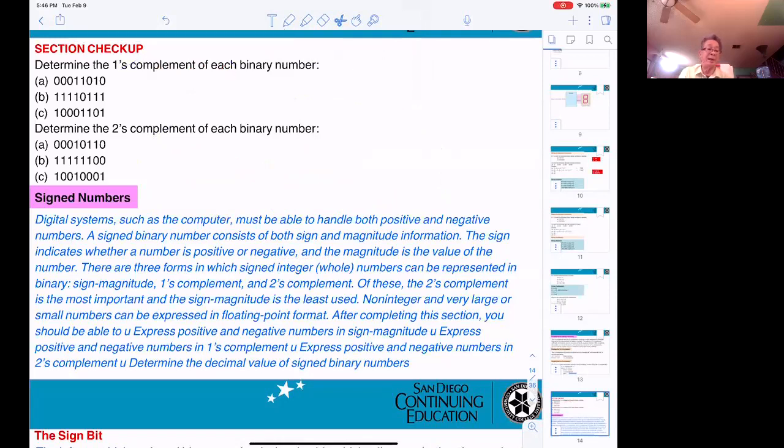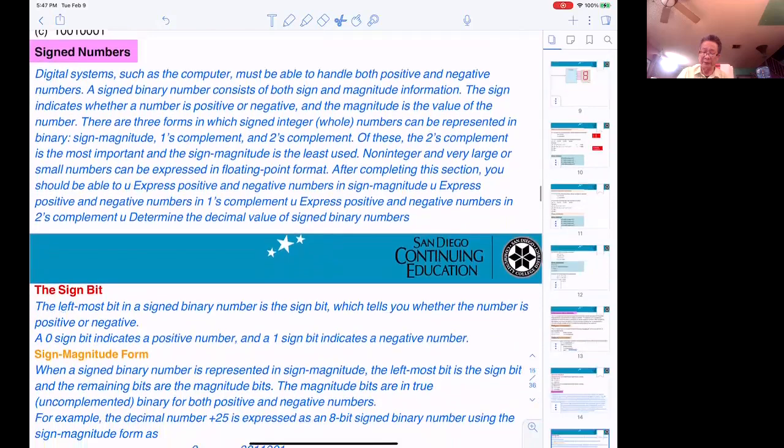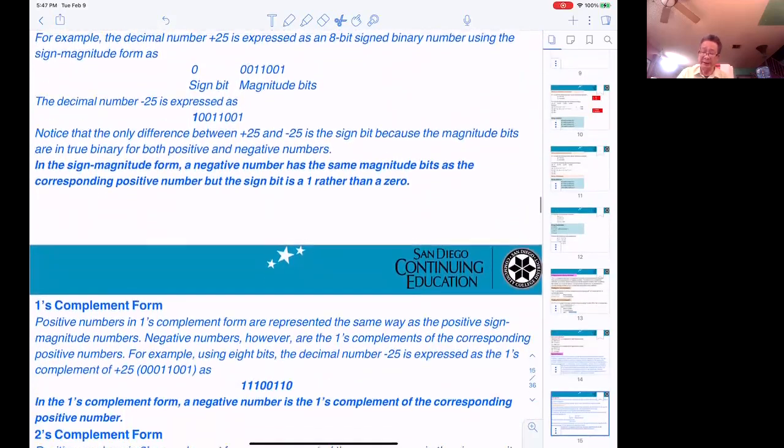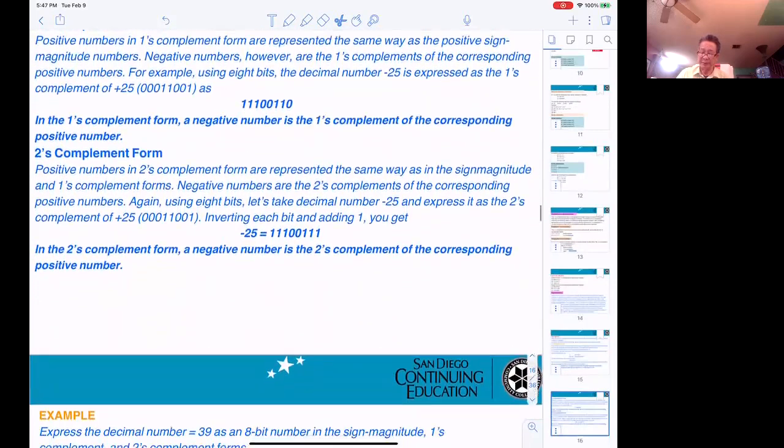Okay, sign number, I skip that for now. The thing is, you really don't need to apply that for this technician at this time. We will go over it when we get time, okay? There's more detail inside the computer.